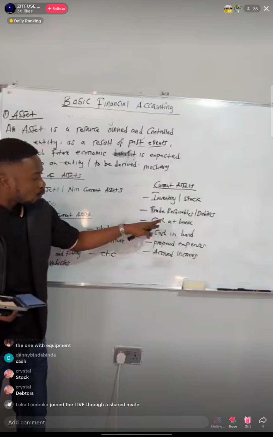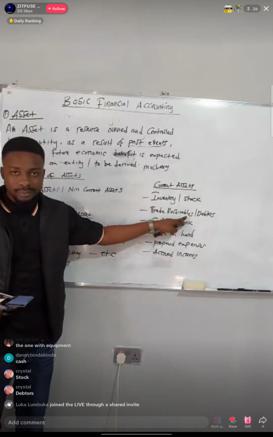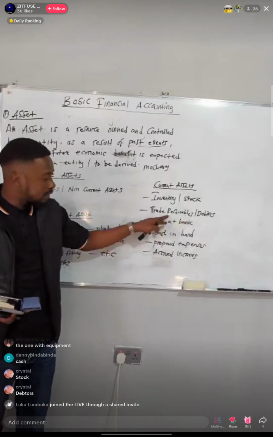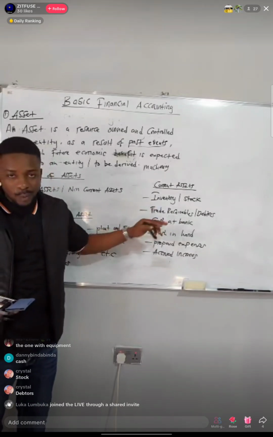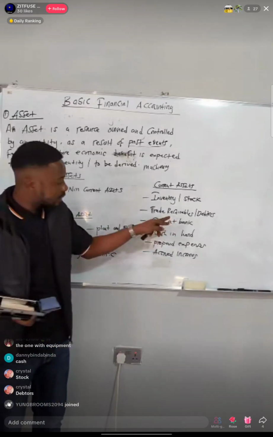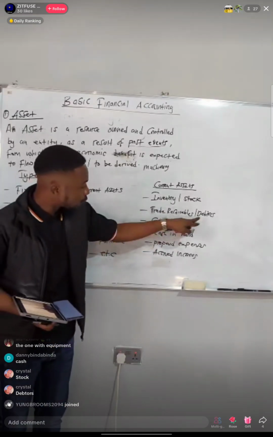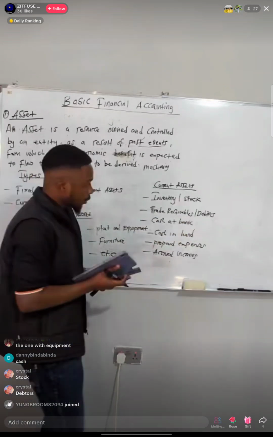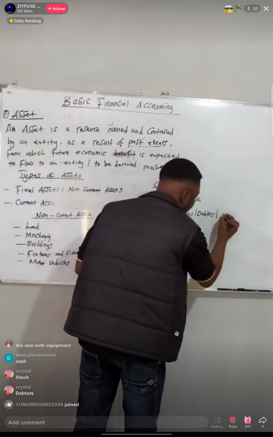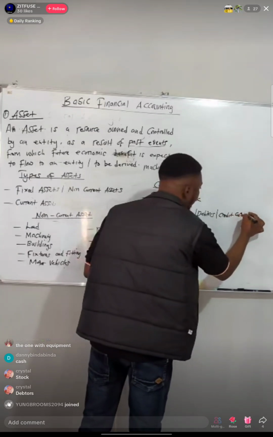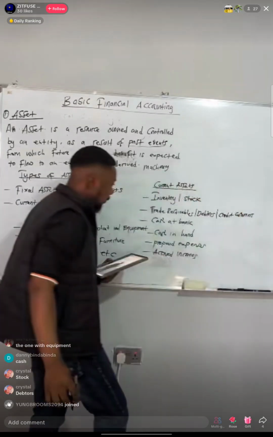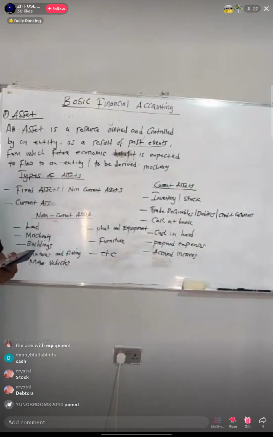These are people who are owing the business money. In Bemba, Abankombole, those people who are owing you money as a business is what we call trade receivables or debtors. In other terms, we can say credit customers. In Nyanja, we say Bankombole.